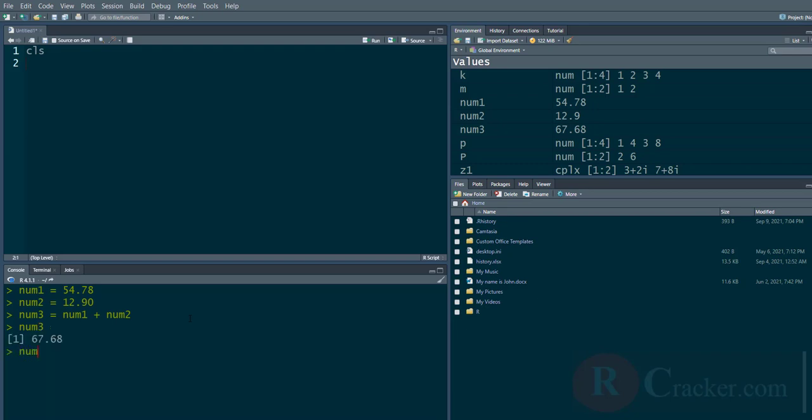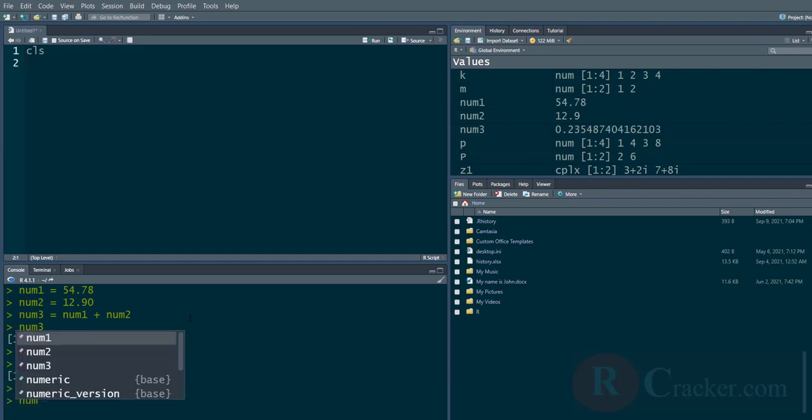Now what if number 3 is equal to number 1 divided by number 2, and then you want to print number 3? That is going to be 4.246512. Now what if number 3 is equal to number 2 divided by number 1, and you want to print number 3?